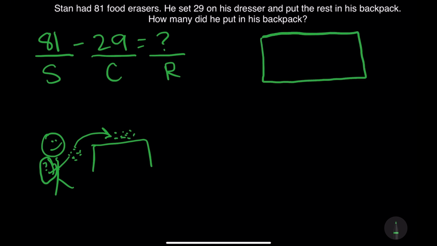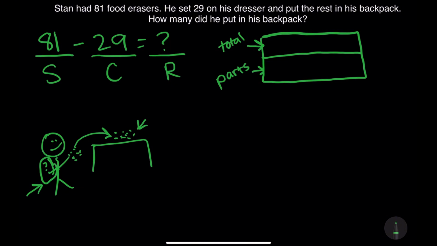Remember, the box that you don't break into pieces is for the total amount. The box that you break into pieces is for all the parts that amount is made up of. So in this problem, the two parts are the part he set on his dresser, that's one part, and the part he put in his backpack.